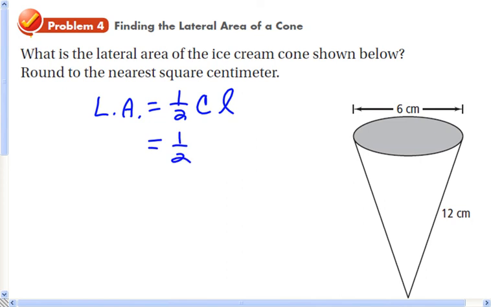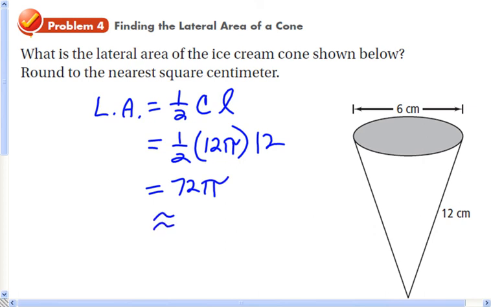The circumference is diameter times pi, so 12 times pi. And then the slant height is given as 12. And 1/2 of 12 is 6 times 12 is 72 pi. And if we approximate that to the nearest square centimeter, we get 113.